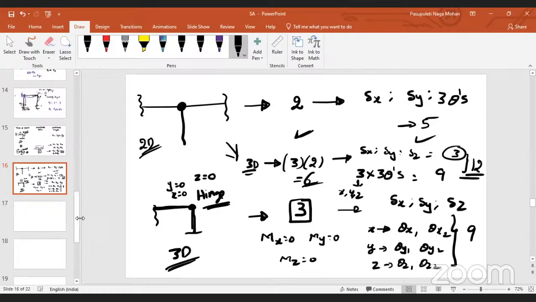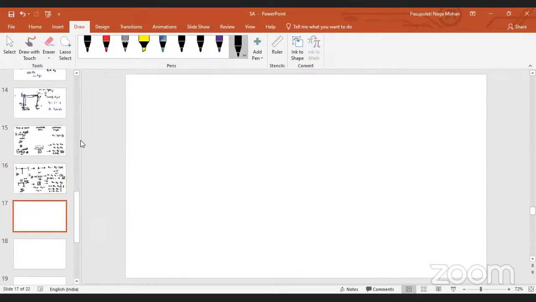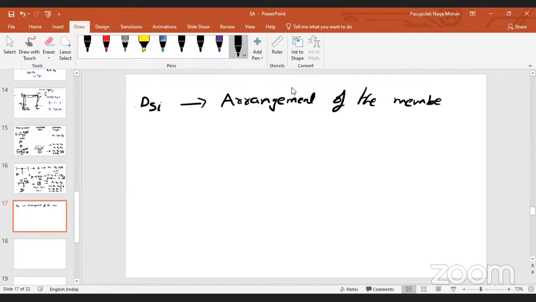Yes, sir. So internal indeterminacy is possible because of the arrangement of the members, and external indeterminacy is possible because of the support reactions.